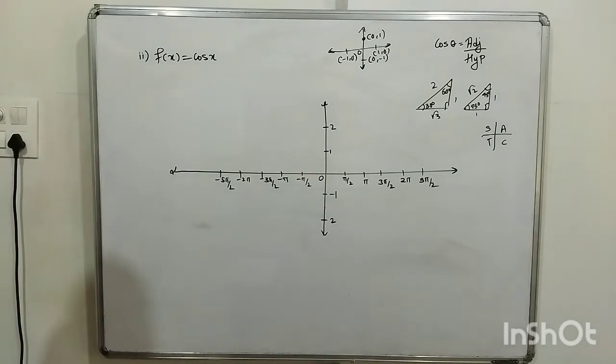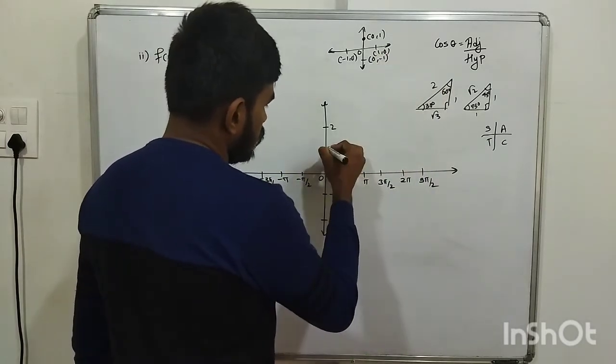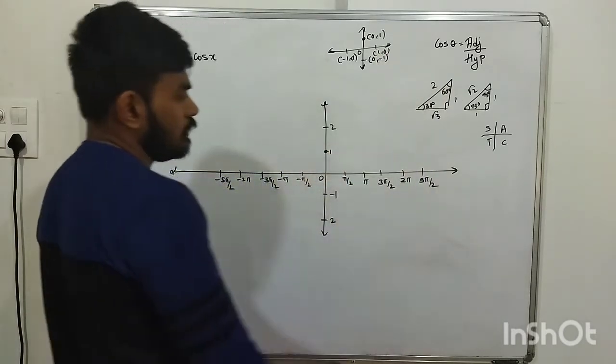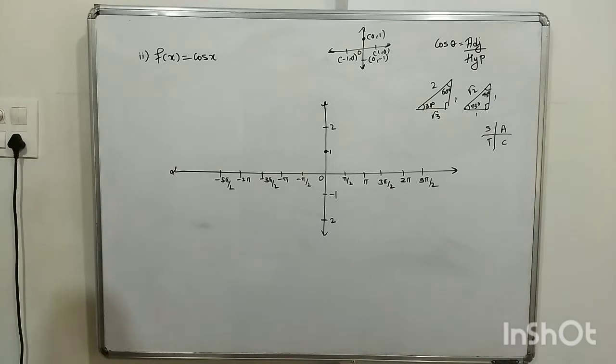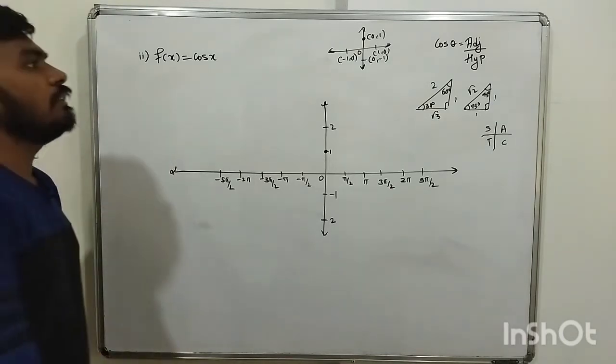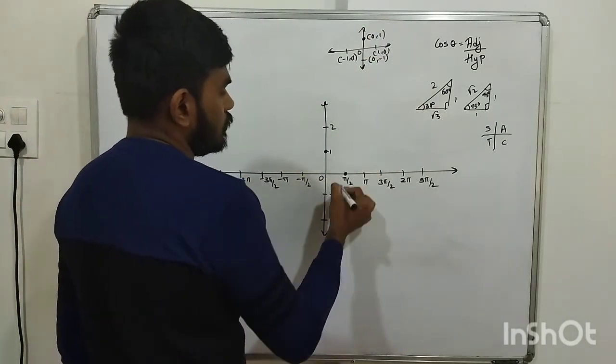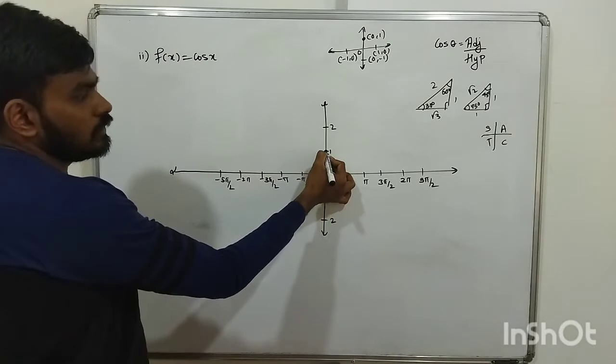So cos of 0 is 1, correct? So for cos of 0, the point will come here. Understood, no? Similarly cos of pi by 2, cos of 90 degree, will be here, which is 0. So here the point will come. Cos 0 is 1, so here the point will come.